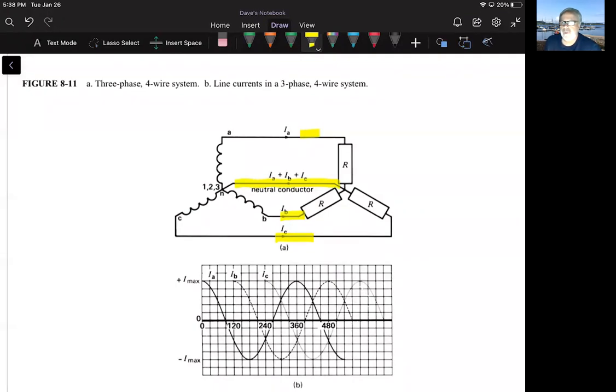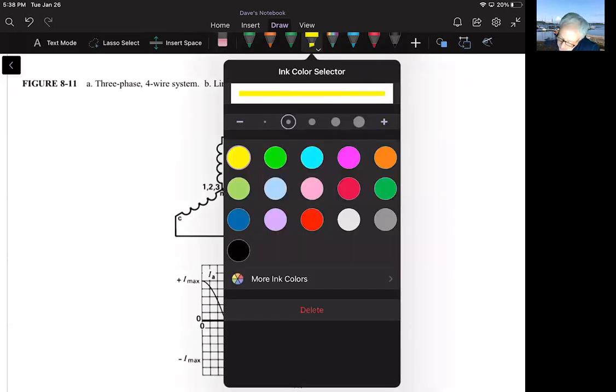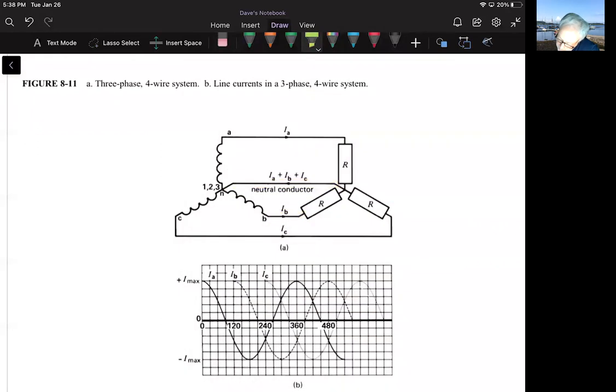Now, a term that you've probably heard before, but probably didn't really know what it meant, is neutral. This common conductor that consolidates the return paths for all three phases is known as the neutral conductor.